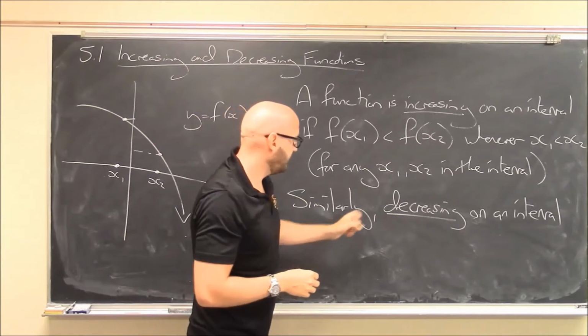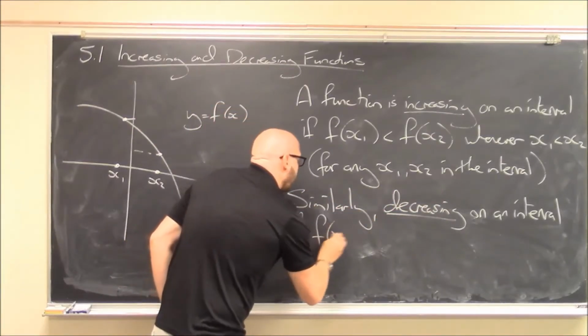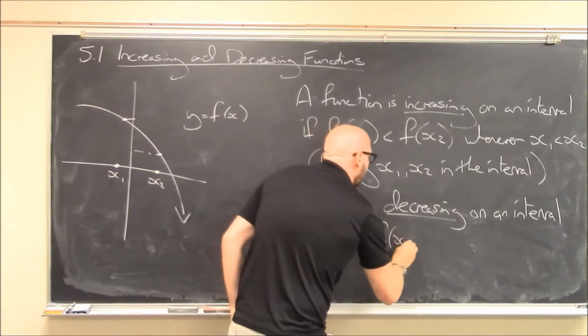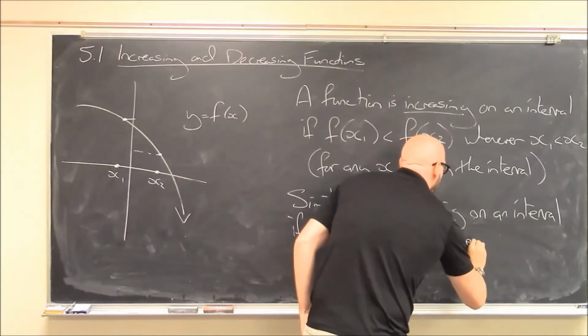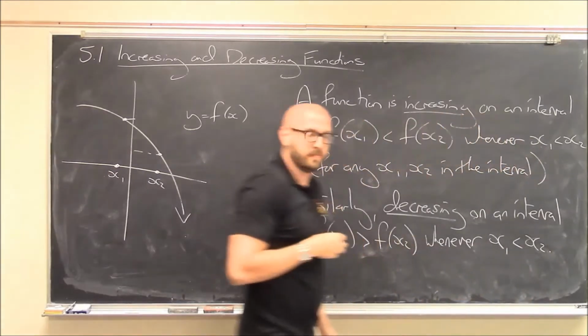So our definition here is going to be similarly decreasing on an interval if f of x1 is actually bigger than f of x2 whenever x1 is less than x2. Right?